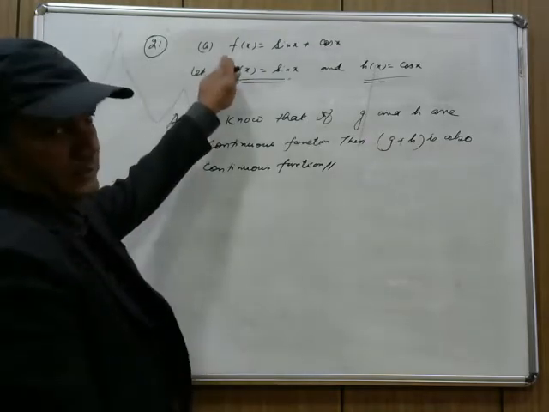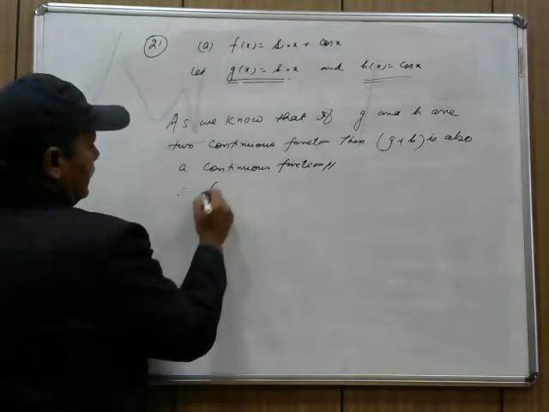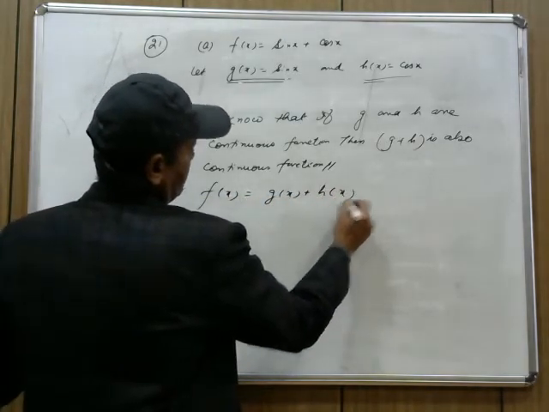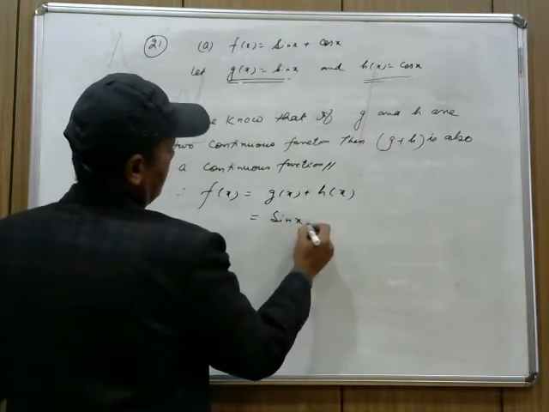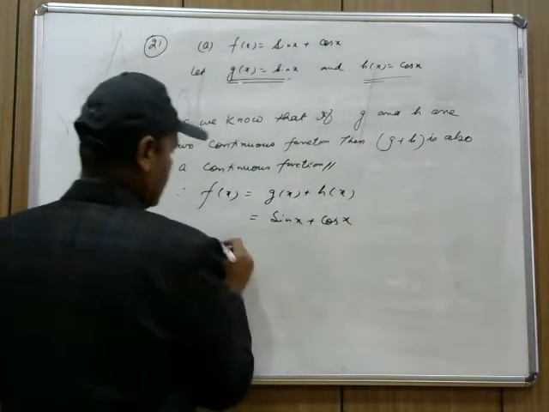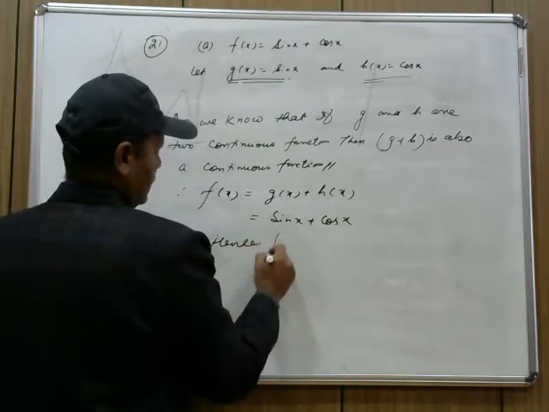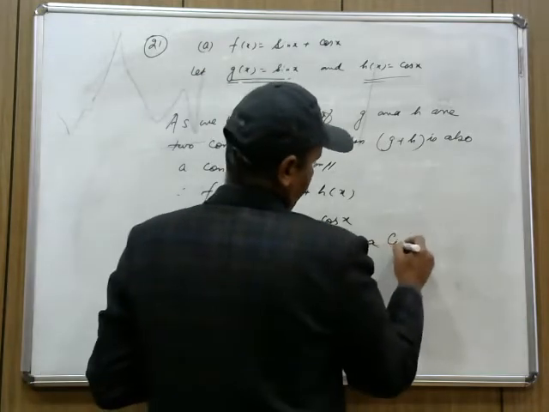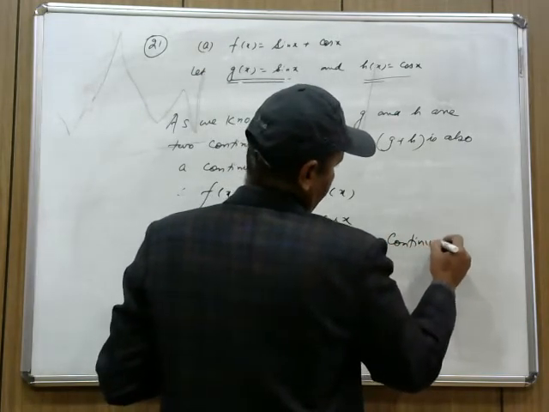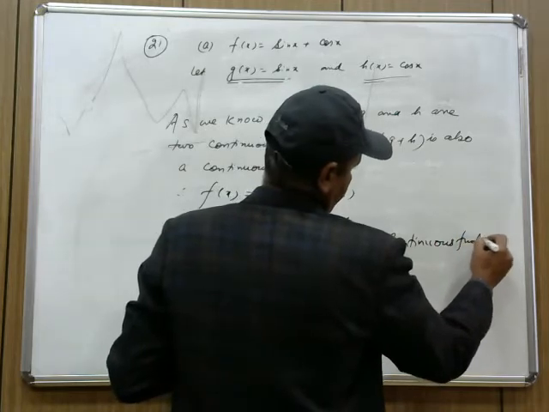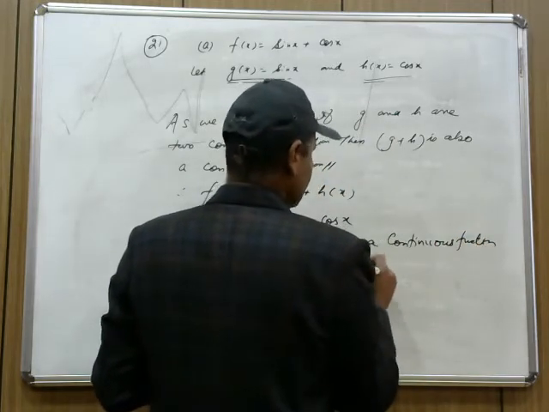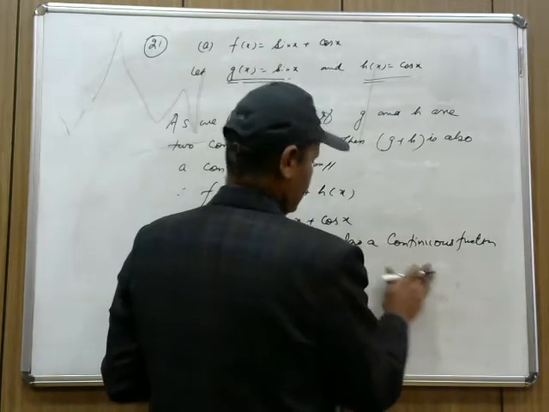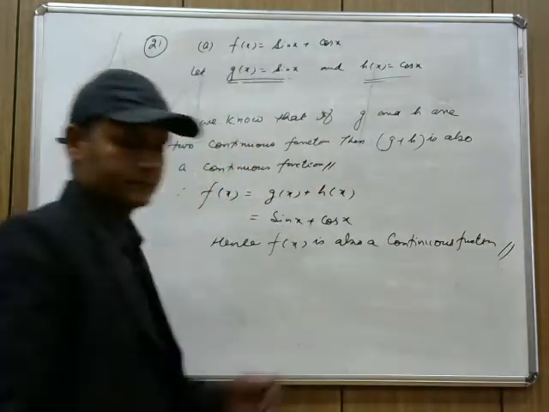And f of x is equal to g of x plus h of x, which is equal to sin x plus cos x, and hence f of x is also a continuous function at x equal to c. Or simply you can write it is a continuous function. In place of c I can take any number, that is alright.